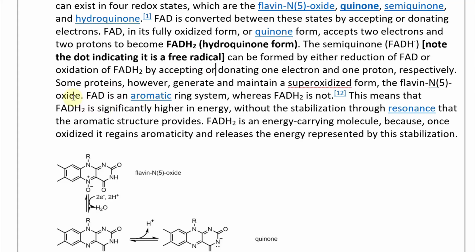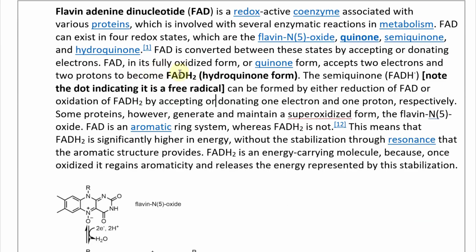Continue further in this, just to get more info on this and illustrate how they all correlate with this quinone topic. So some proteins, however, generate and maintain a superoxidized form, the flavin N5 oxide. FAD is an aromatic ring system, so hence a quinone is an oxidized derivative of an aromatic compound, so FAD.